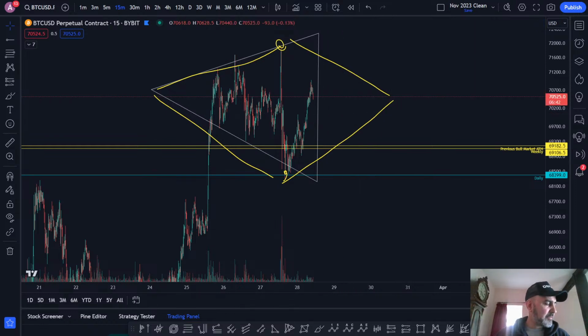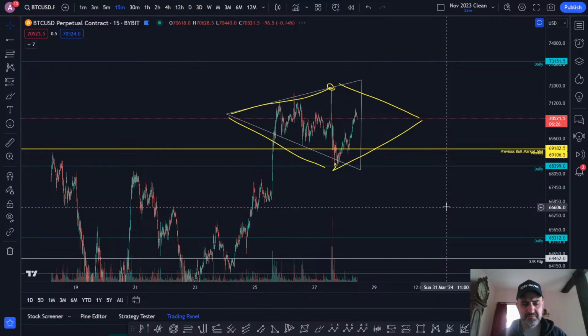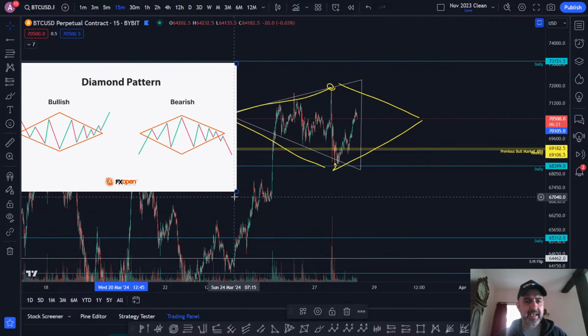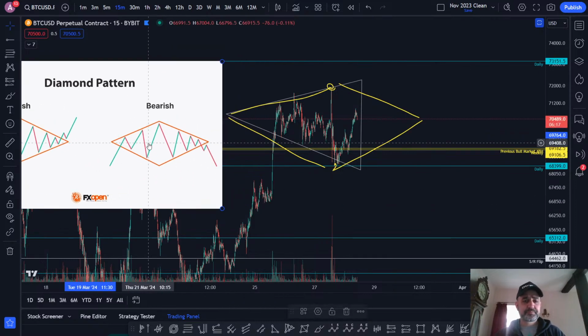So let me pull up a diamond pattern now. Pattern trading. I'll show you the pattern first. Again, it depends on how you enter the pattern.